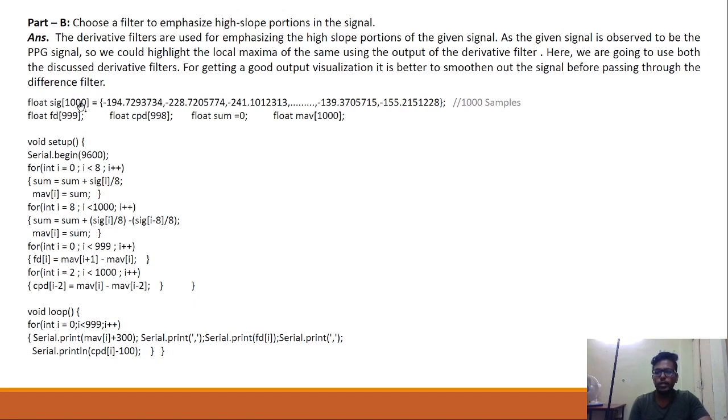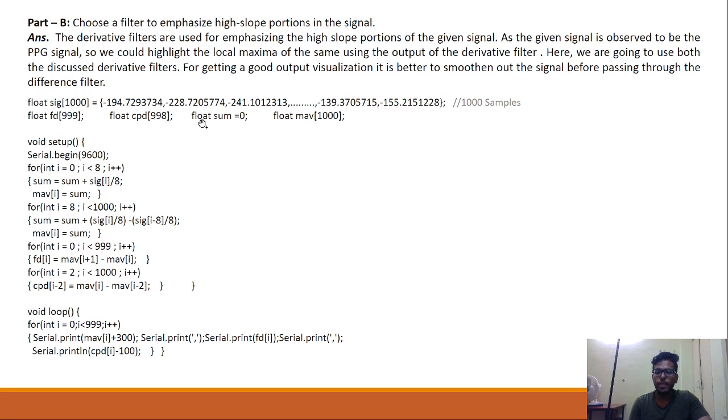First I have initialized my signal as the 1000 values which were provided to us. The second thing I did was define the first order derivative filter, represented by FD, which consists of 999 values. The 3-point central difference filter is denoted by CPD, which consists of an array of 998 elements.